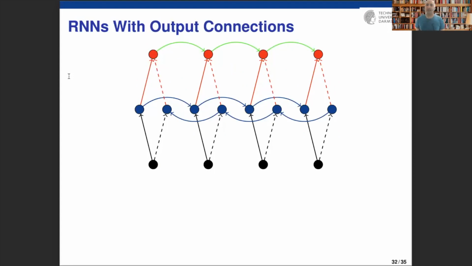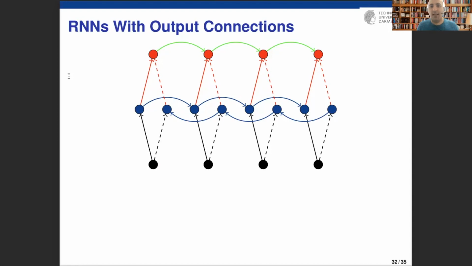The point is that so far the connections between steps are defined based on the connections over hidden states. But what happens in language is that the output that we predict at each time step affects the output of the current or the next time steps as well.